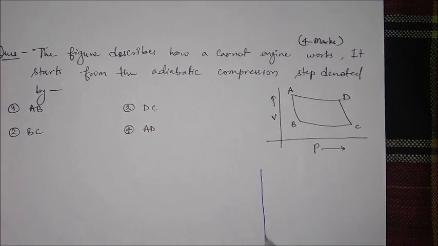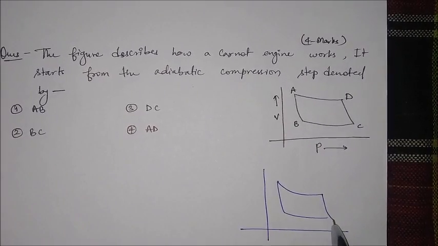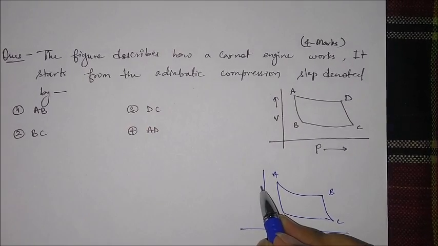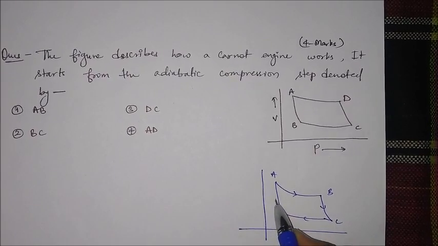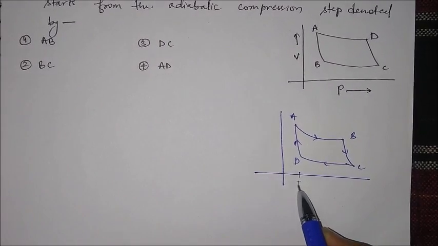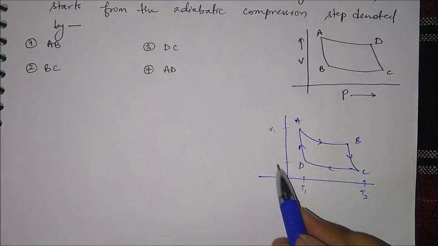If you know the diagram for the Carnot engine, which I showed you before, it had points A, B, C, D like that. These were the temperatures T1 and T2, and these were the volumes V1 and V2.